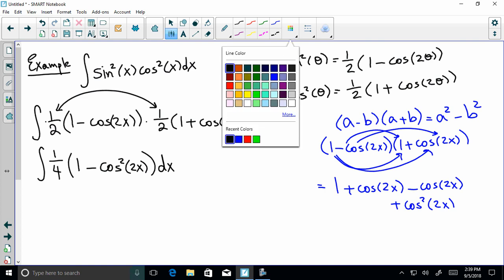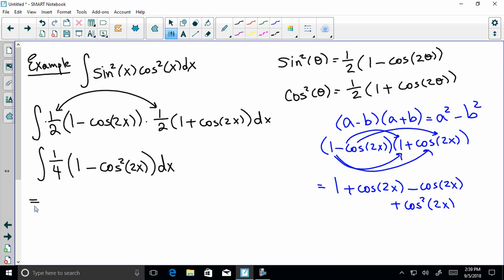Now I'm going to look at the integral again. There are two things I can do. What is 1 minus cosine squared of theta? What's that equal to? Sine squared, right? So I can write 1 minus cosine squared of 2x as, and I'll bring the 1/4 out, sine squared of 2x, then what?